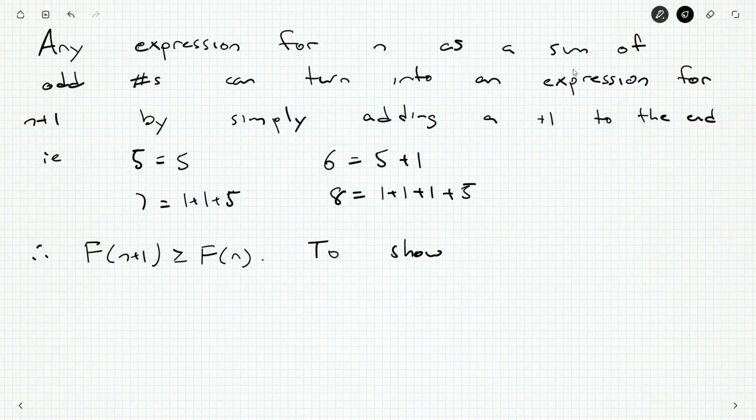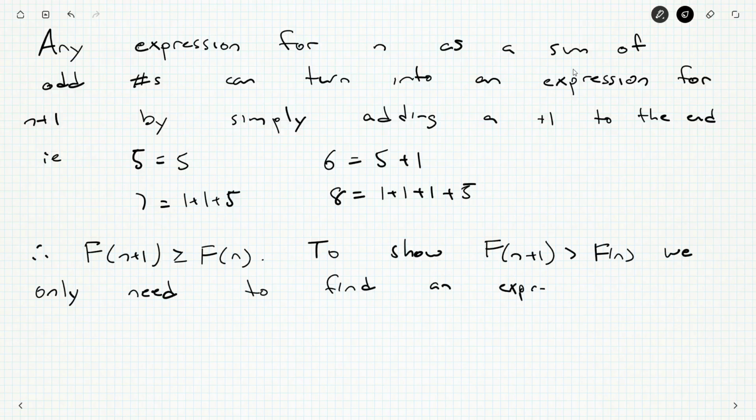And I'm saying to show f of n plus 1 greater than f of n, we only need to find an expression for n plus 1 that has no plus 1s in it.